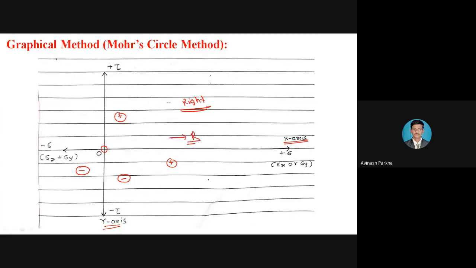If sigma y is given as negative, it goes to the left side of the origin, where the negative sign is. Therefore, you can see at the left side minus sigma is represented, and at the right side positive sigma is represented. So the right side of the origin represents positive sigma x or positive sigma y, and the left side represents negative sigma x, negative sigma y.